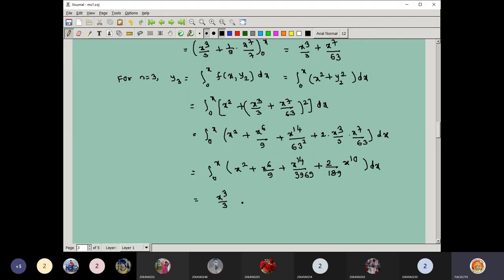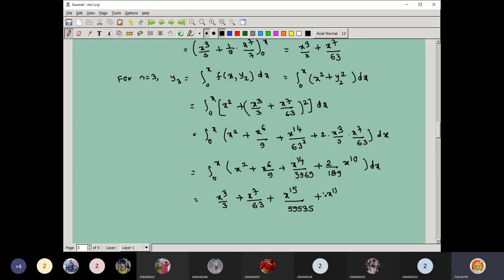Directly x cube by 3 plus x to the power of 7 divided by 7 into 9, 63, plus x to the power of 15 divided by 15 into 3969, so 59535, plus x to the power of 11, so divided by 11 only.